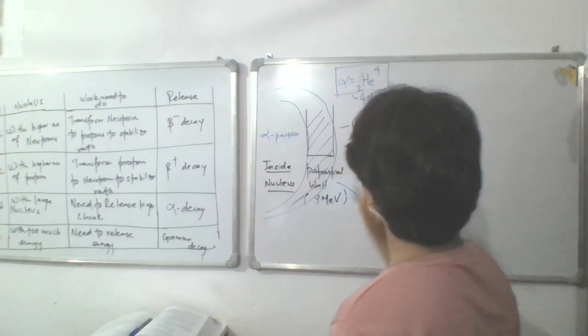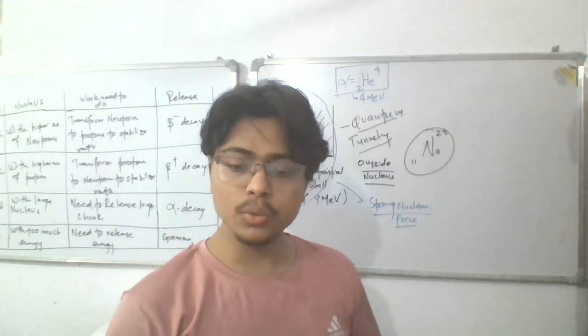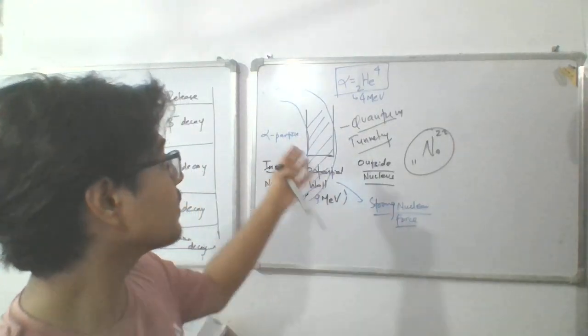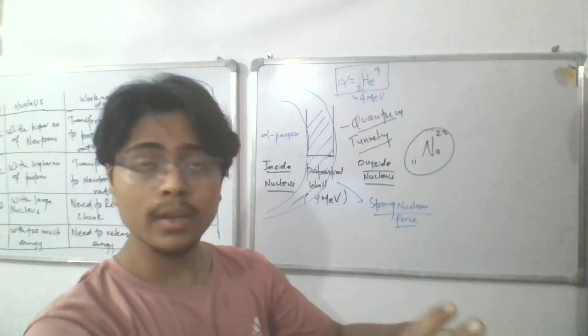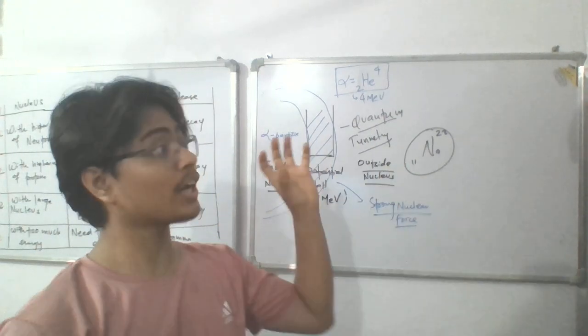So this also answers the question: if the nucleus is so desperate to be stable, then why doesn't it just release all its energy at once by releasing a large nucleus?